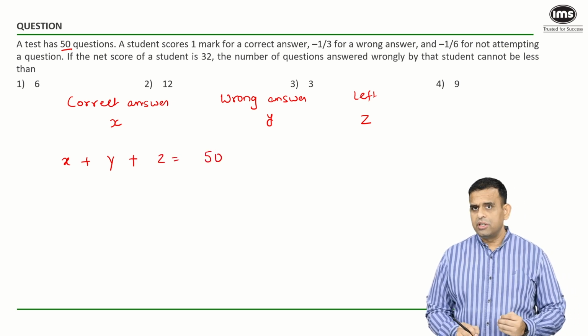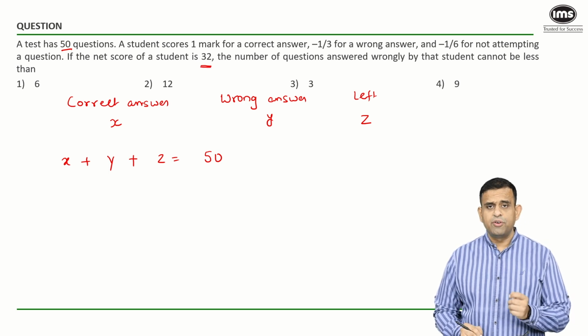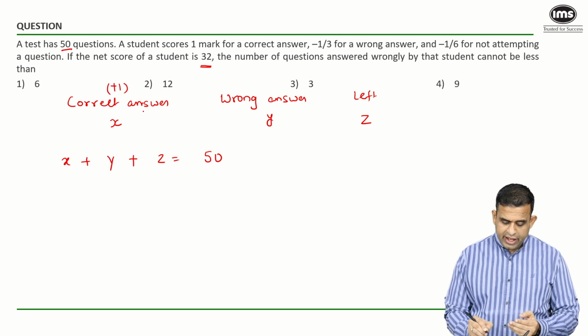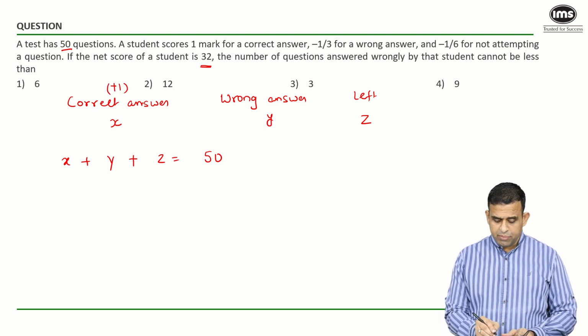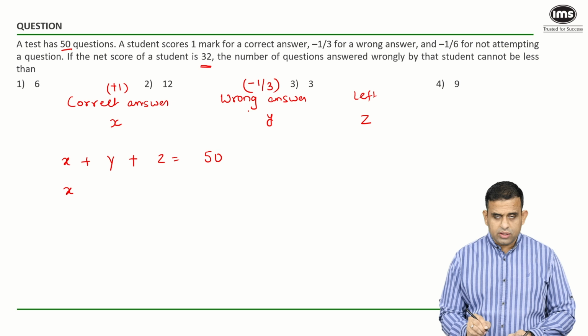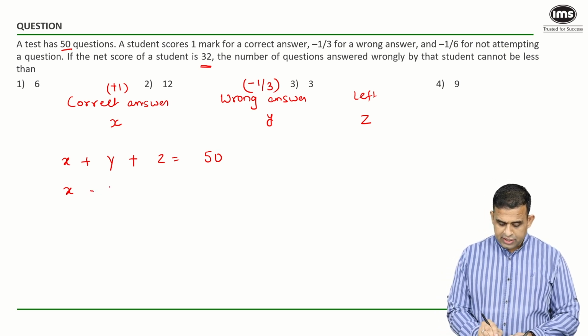The next equation is about the score of 32. Now understand one thing, for every correct answer we are getting a plus 1. So if I made x number of right responses, my marks would be nothing but 1 into x. Now if I have made y number of mistakes, and since I am going to lose 1/3 for every wrong response, this part becomes minus 1/3 of y, or minus y by 3.